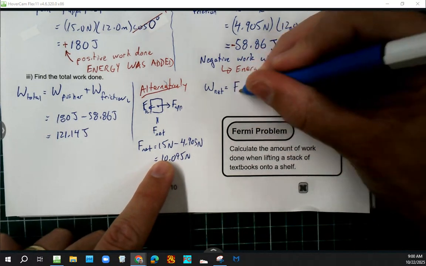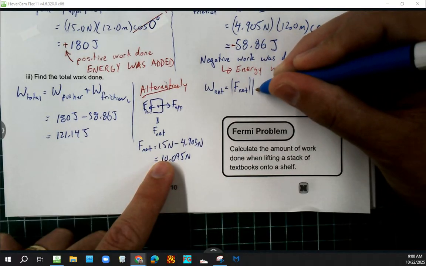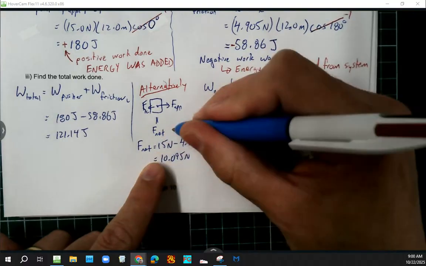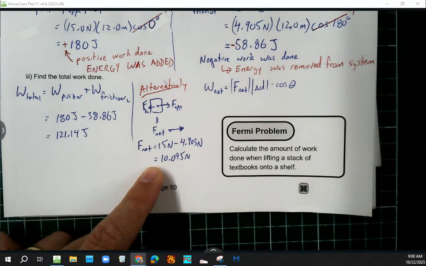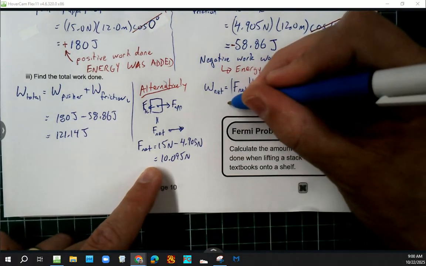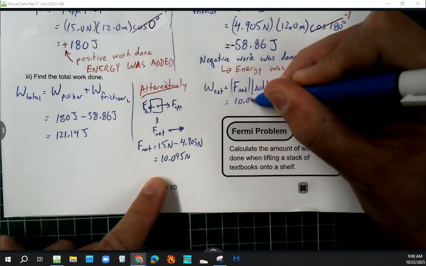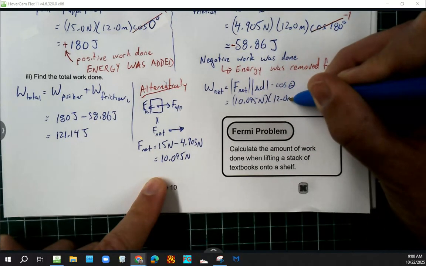So F net times delta D times cos theta. Now, F net happens to be positive, so it goes in this direction, and we would have to sort of acknowledge a reference frame in that way, I guess. But F net is 10.095 newtons. Displacement is still that 12.0 meters.